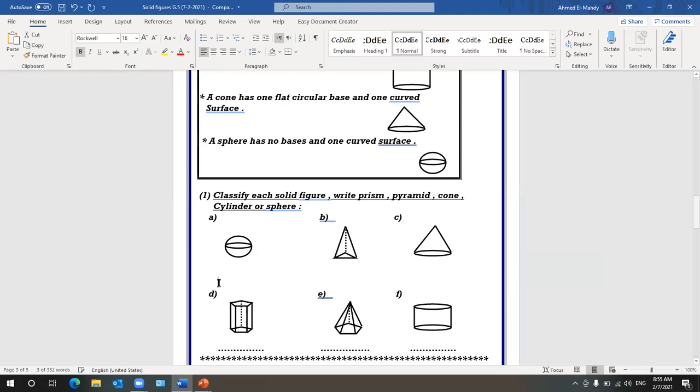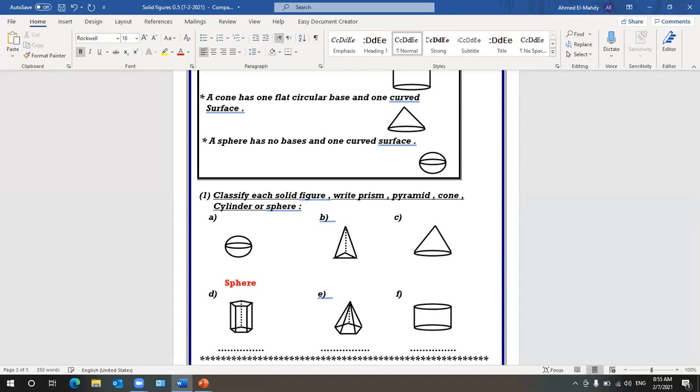What is the name of this solid? Prism? The first one, A. This one. Sphere? Yes, it's a sphere. This one is a sphere.